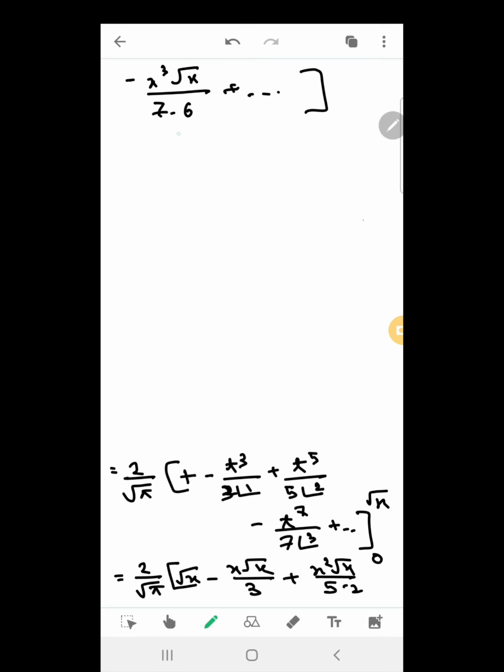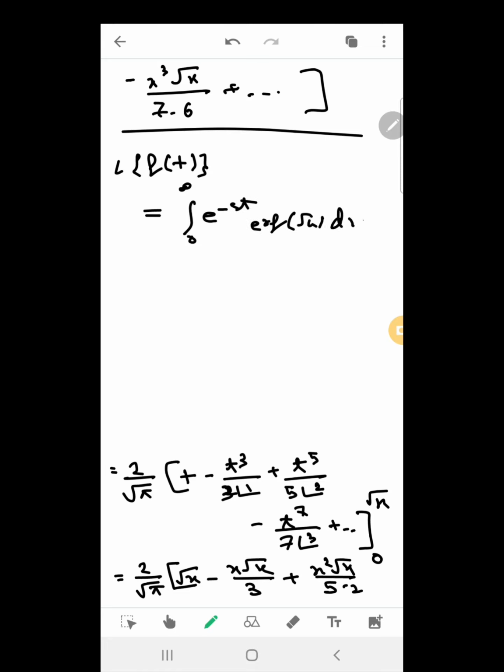So let's check. The Laplace transform, that is L of f(t), of this particular thing will actually give us, basically, the integral from 0 to infinity of e to the power minus st erf root x dx.